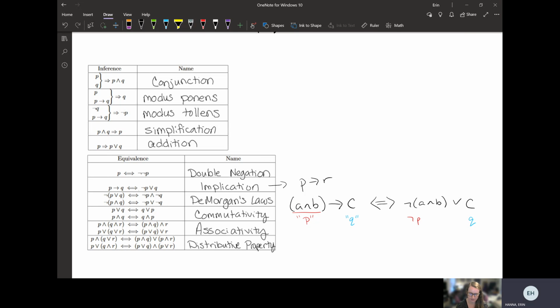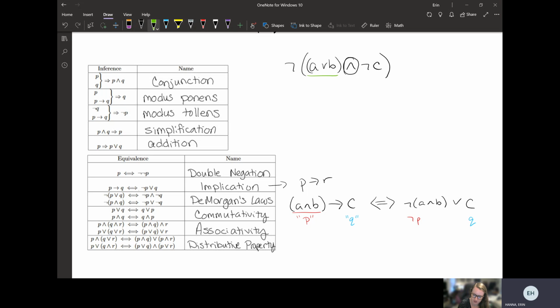So say I had something like not, let's say, A or B and not C. Okay, I have a not outside of something that essentially includes an and in the middle.